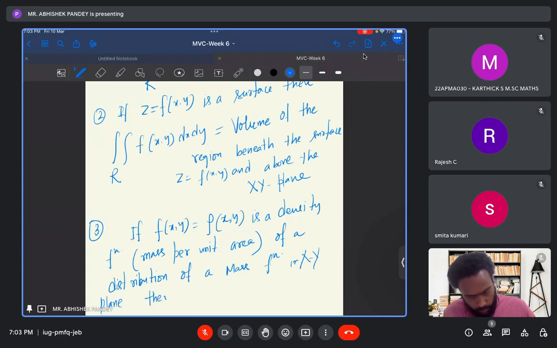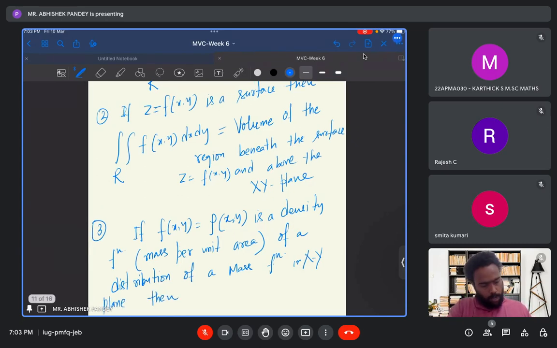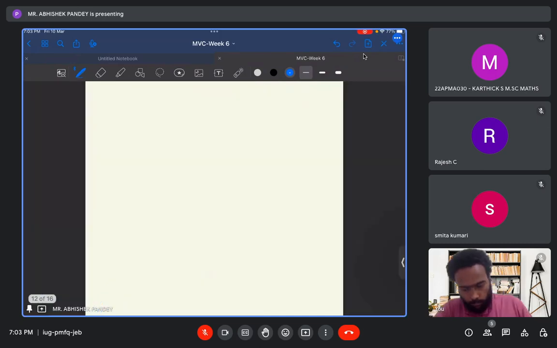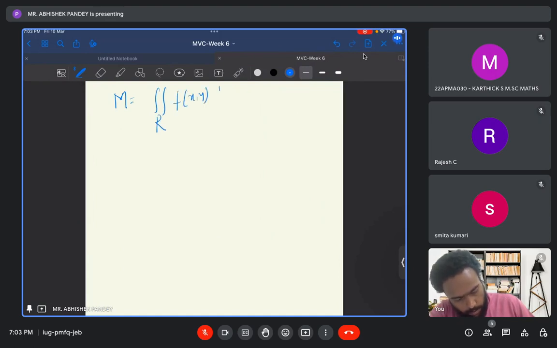Then what is the mass of R? So m equals the double integral over R of f of x comma y dx dy, which gives the mass of R.